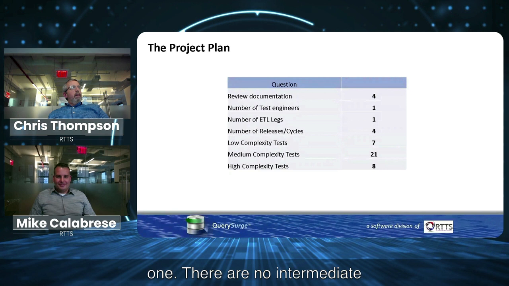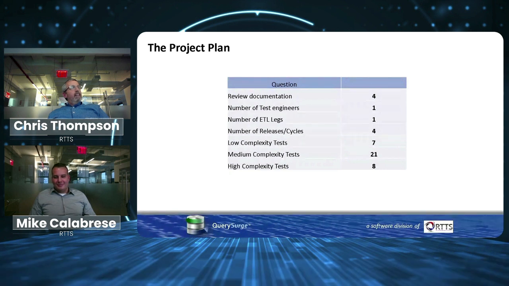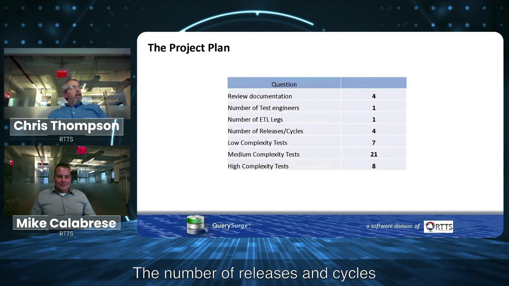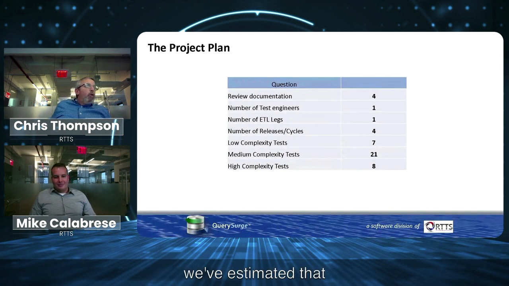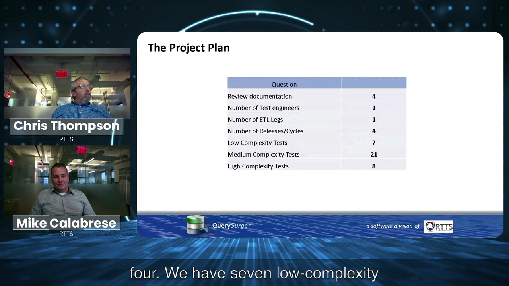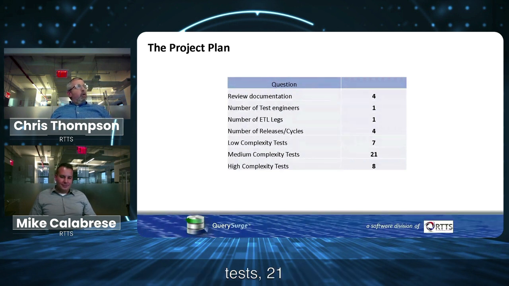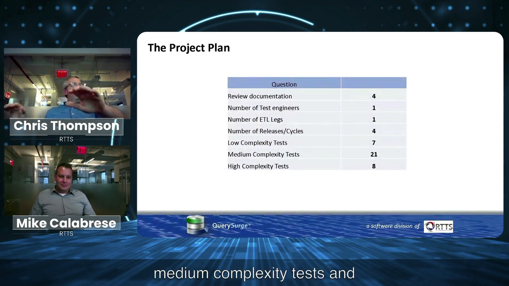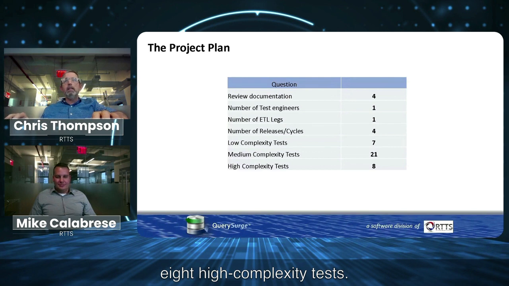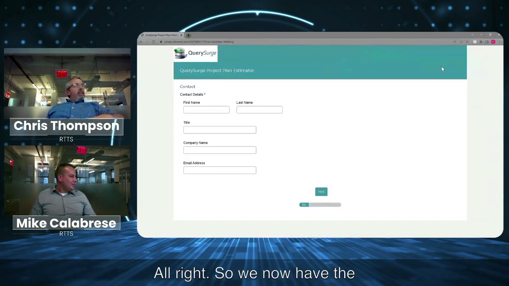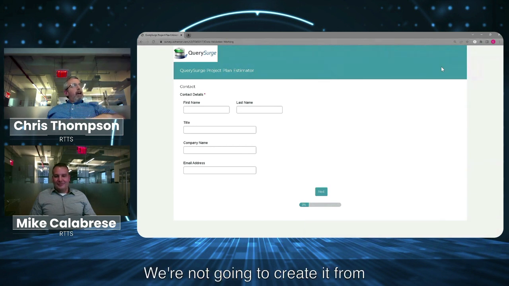There are no intermediary legs. The number of release cycles, we've estimated at 4. We have 7 low complexity tests, 21 medium complexity tests, and 8 high complexity tests. All right, so we now have the information we need to create a project plan. We're not going to create it from scratch.